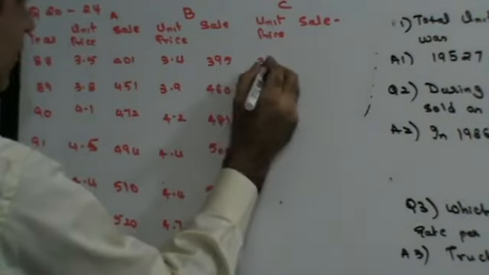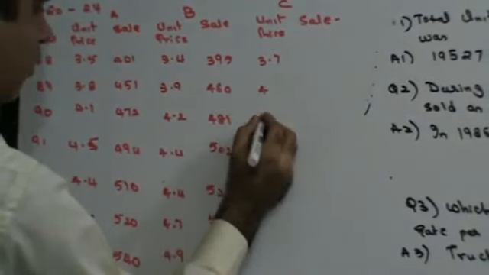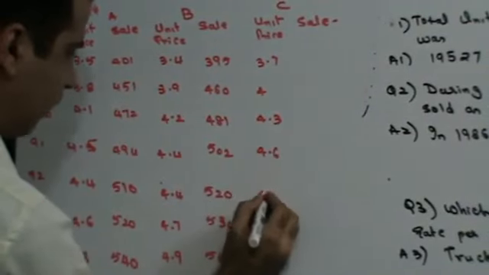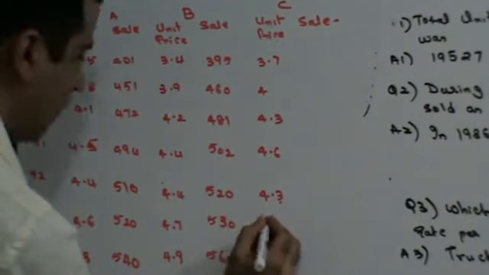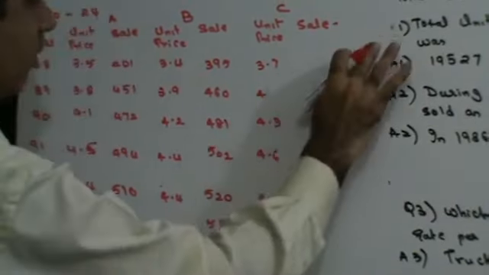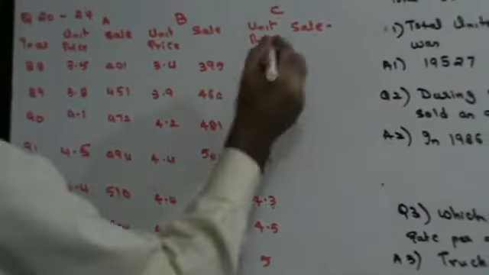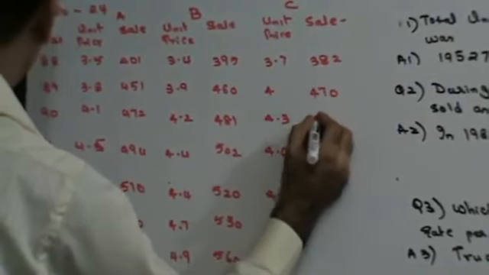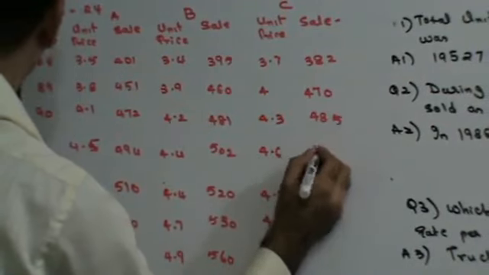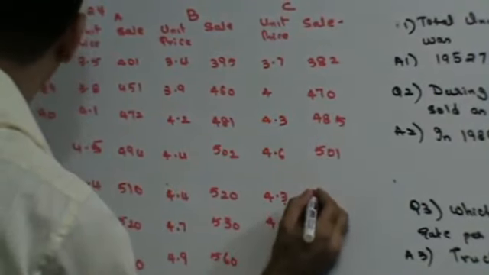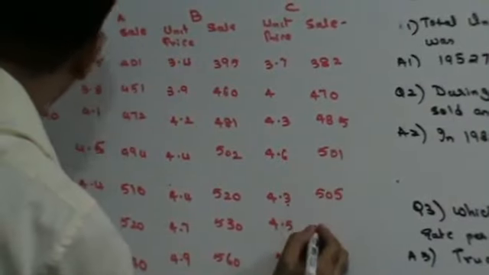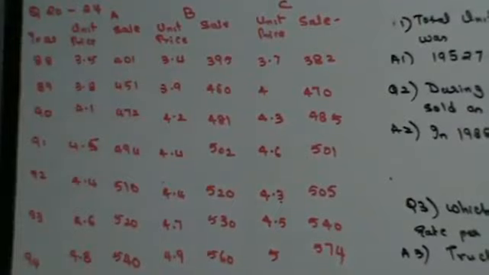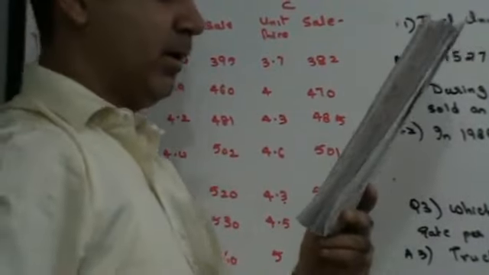For C: unit price 3.7, 4, 4.3, 4.6, 4.3, 4.5 and 5; sales 382, 470, 485, 501, 505, 540, 574. This is the data given to you.